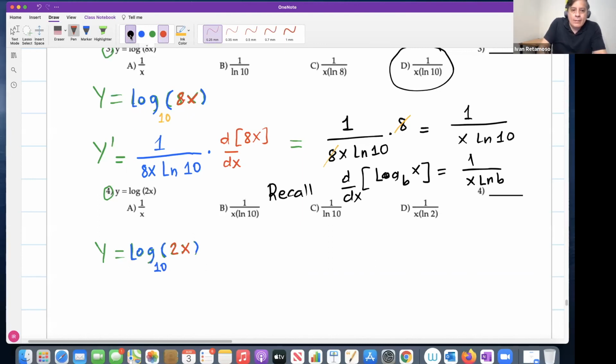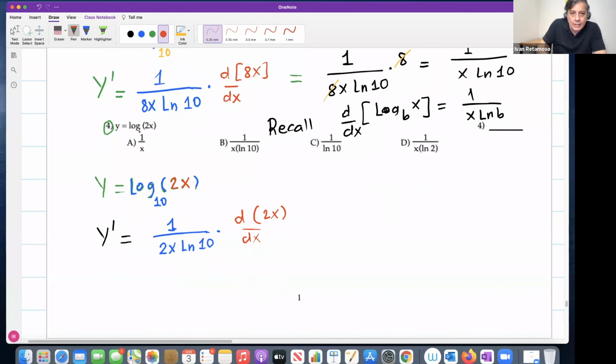So the derivative of this composite function will start with the derivative of the outside function, which should be this 1 over x, but this x is really what is inside the log, called the argument of the log, 2x, multiplied by the natural log of the base, 10, times the derivative of the inside function, which is the derivative of 2x.